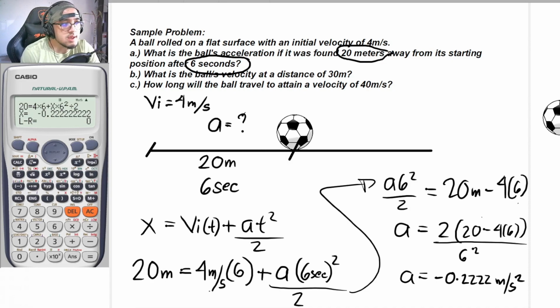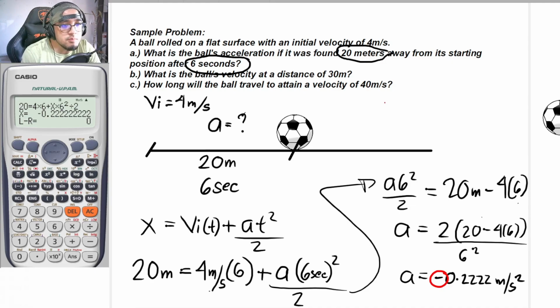Okay, so what does this negative symbol indicate? That indicates that your ball is actually decelerating. By decelerating, it means that it is slowing down. If you have a positive acceleration, it means that it is speeding up. So bumibilis siya in Tagalog. In Filipino, when you say deceleration, it is bumabagal.